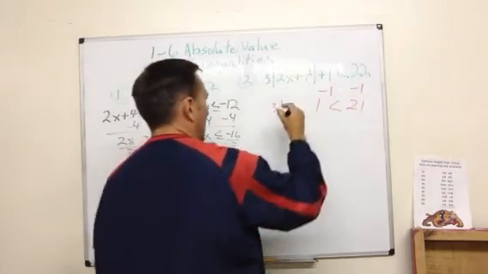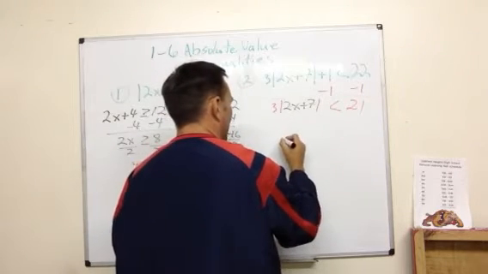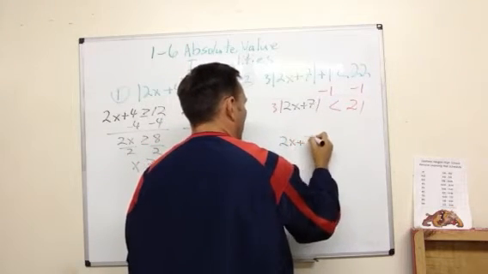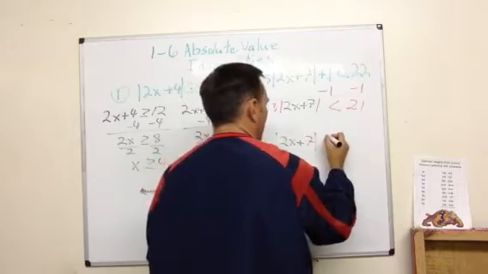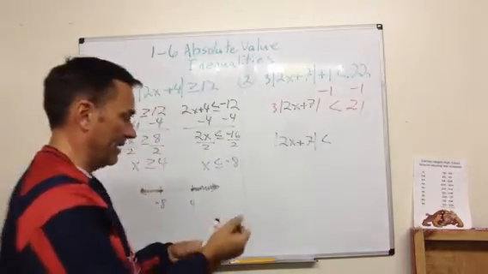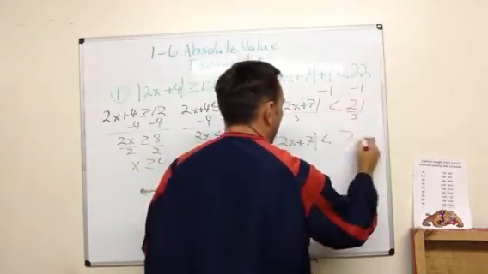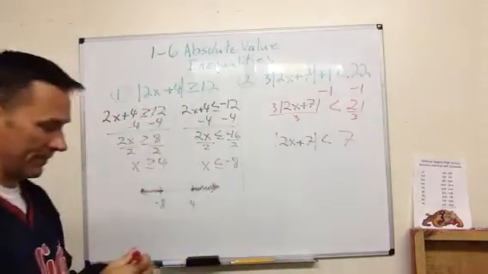The absolute value is not touched. Again, our goal is to get this down to the absolute value of 2x plus 7 is less than some number. So we want to divide by 3, and we get that some number being less than 7.